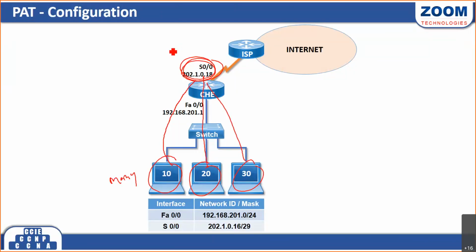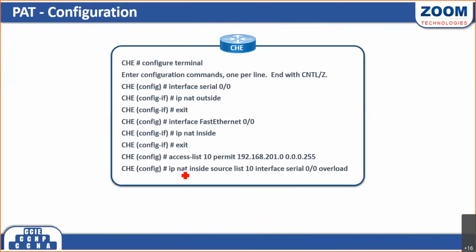Now on the serial port, we are going to write the overload command. If you write the overload command, only then can your serial port take traffic from many IP addresses to reach the internet. If you don't configure overload, your WAN port allows only one private traffic to reach the internet, similar to static NAT. That is the PAT overloading mechanism. By writing the overload command, your serial port will take the many traffic.